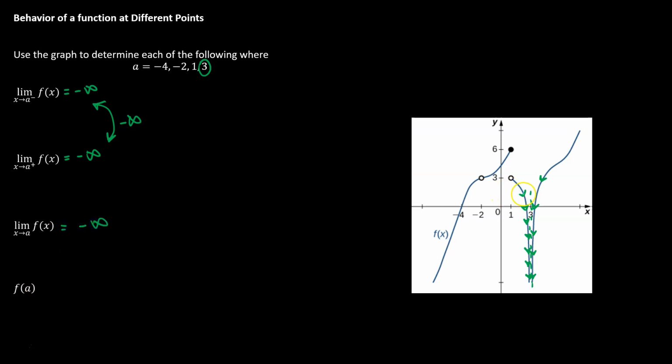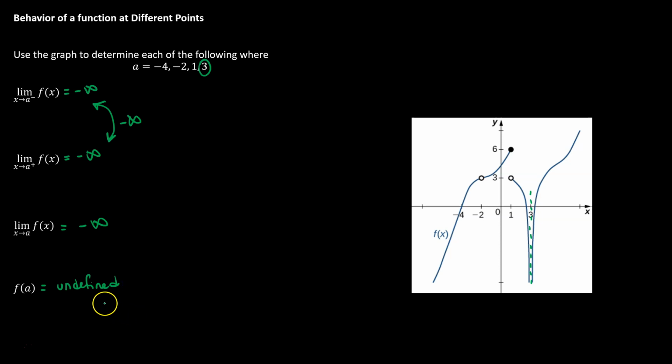Lastly, we need to define the function value at 3. Remember that I said this is a vertical asymptote. Vertical asymptotes happen when you have rational functions with a denominator that is equal to 0 at that asymptote. We're not allowed to divide by 0, and whenever we try, we say it's undefined.